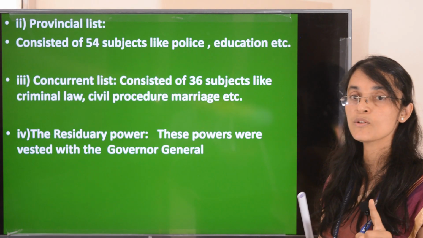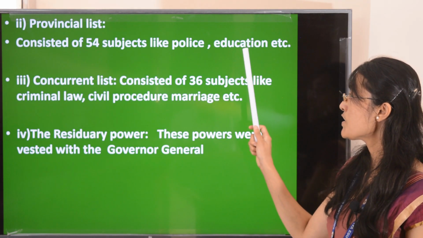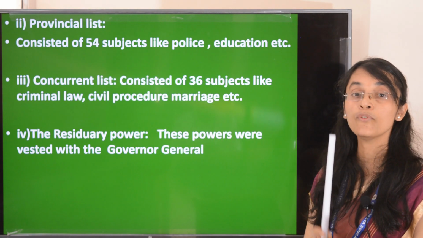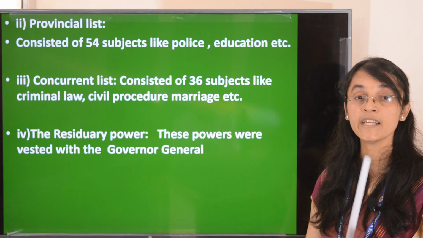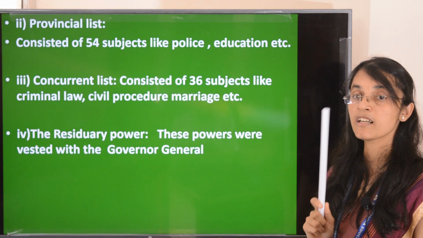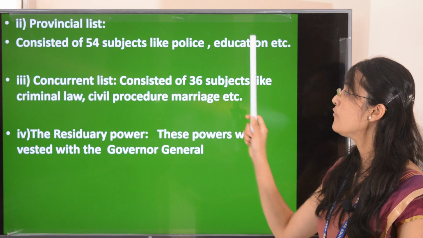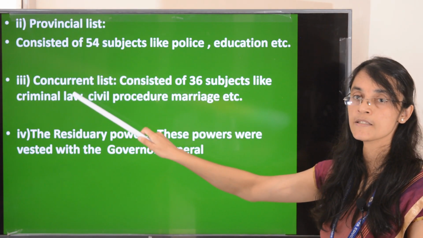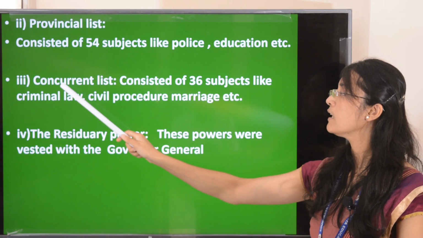Students, please note here that education at present is in the concurrent list. The 42nd Amendment Act of 1976 transferred education from the provincial list to which one here? The concurrent list. Then the next one is the concurrent list.